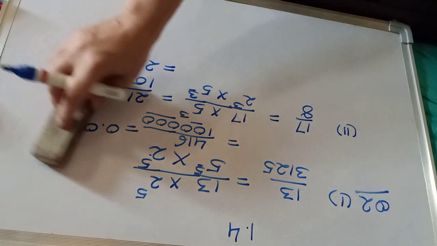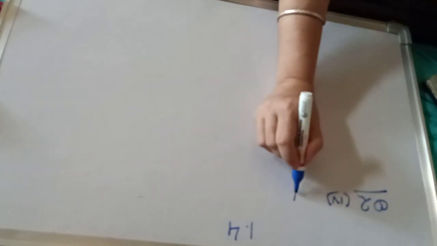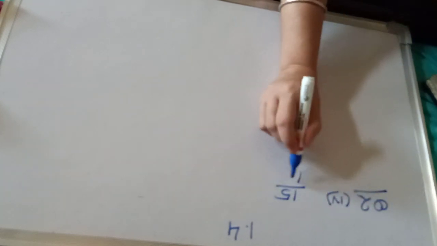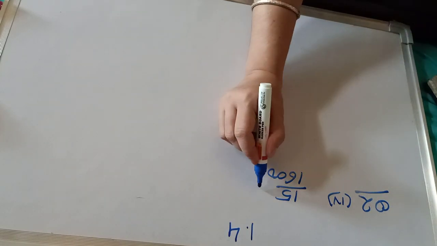Then let me write the next part. Next, terminating decimal expansion from question number 1. That is your next fourth part basically. It was 15 upon 1600.